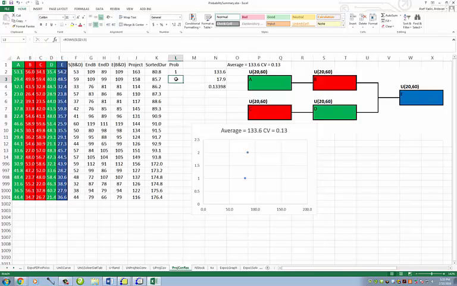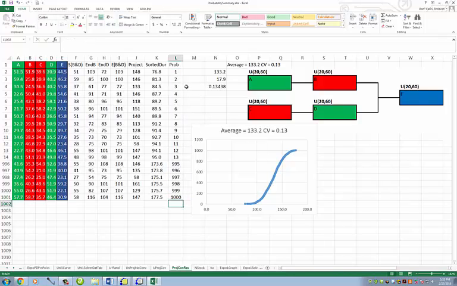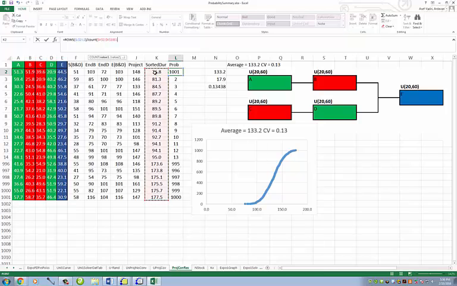Because the first one was absolute, the second one was relative. Now if I copy it down here, it is 1000, which is from L2 to L1001. Then I go here and type count divided by count from here to here, and lock it.